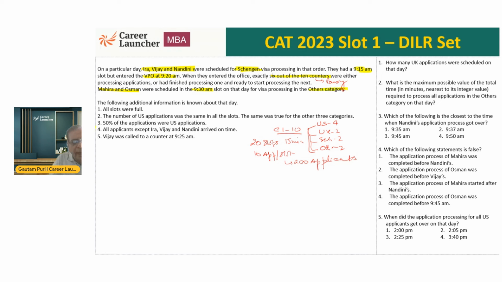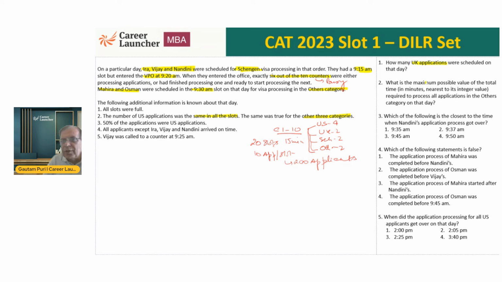Okay. Now the second, look at the balance information. All slots are full. Great. So no vacant slots. The number of US applicants was the same in all slots. The same was true for other categories as well. Now, what was the question we have? Let's look at the questions. The first question is how many UK applicants?